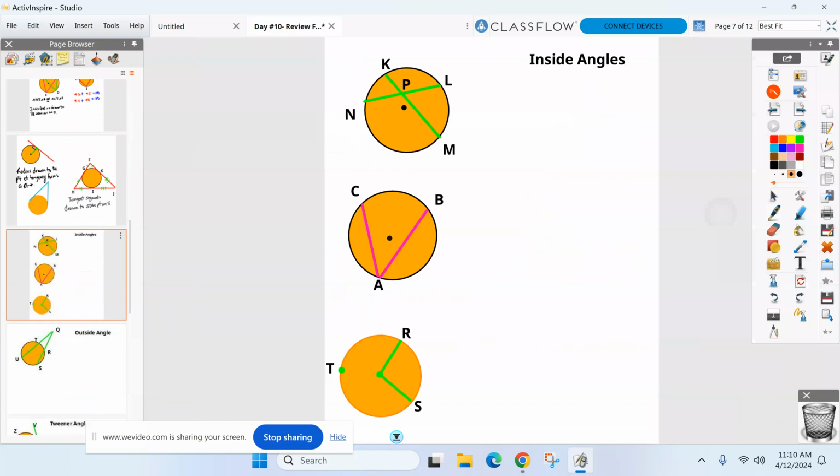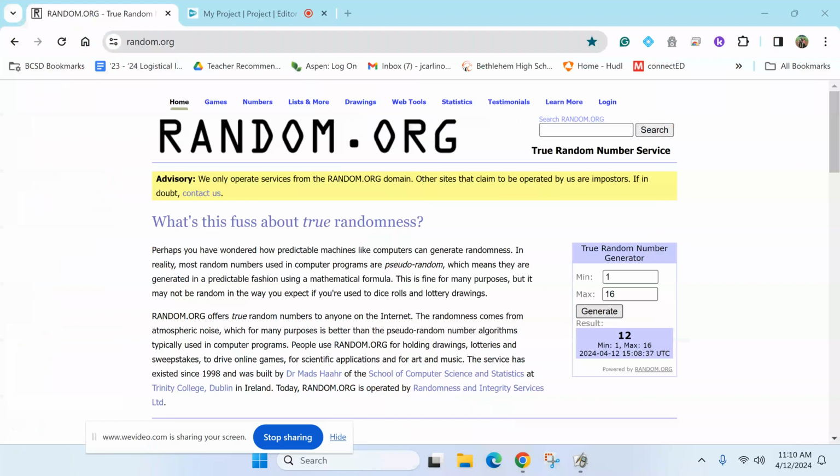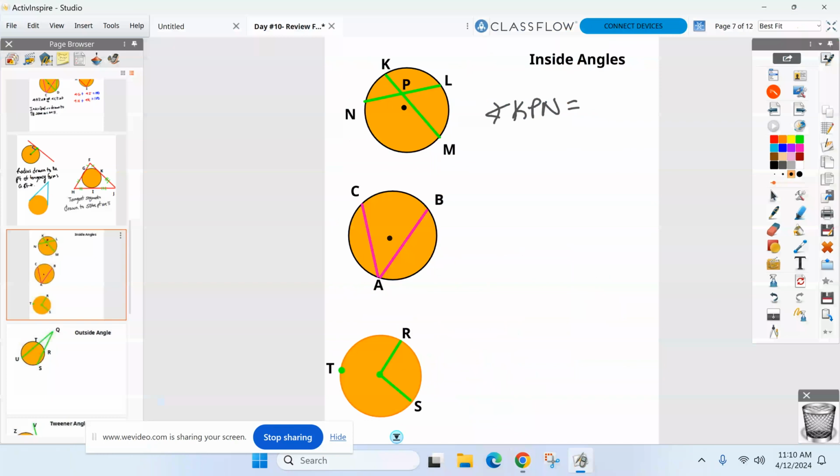Here we go. If the angle is inside, it's one of three types, right? Let's talk about angle KPN. What's it called? How do you find it? Okay, this is one type of angle that can be located inside a circle. Steve, what's it called? Floater. How do you find it?